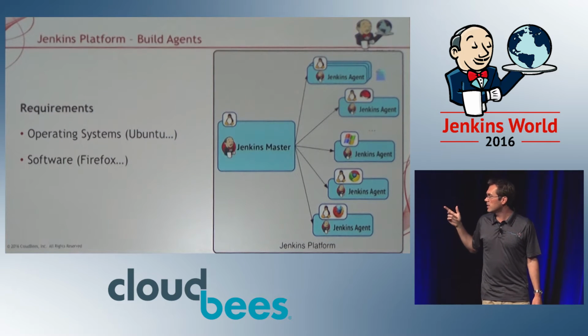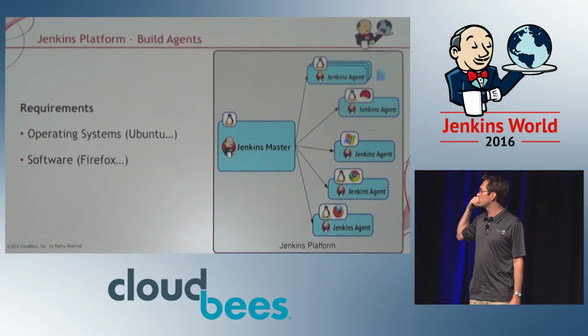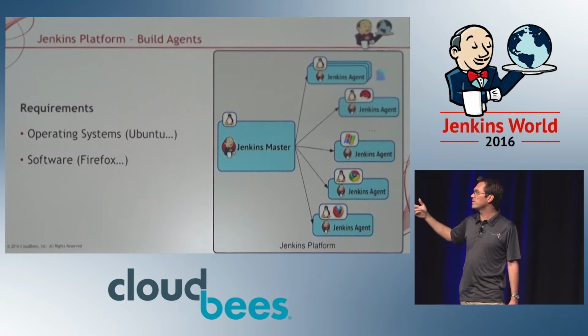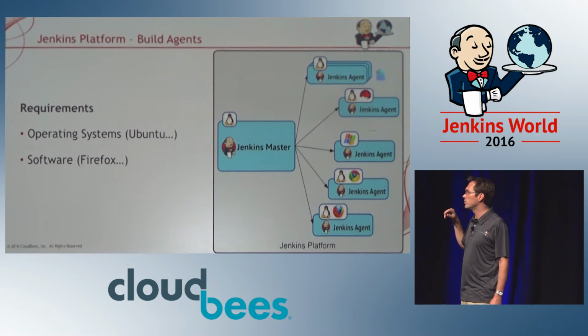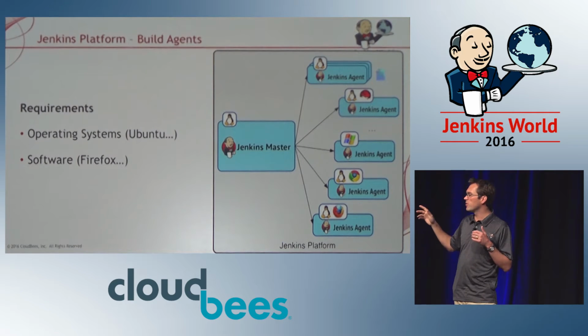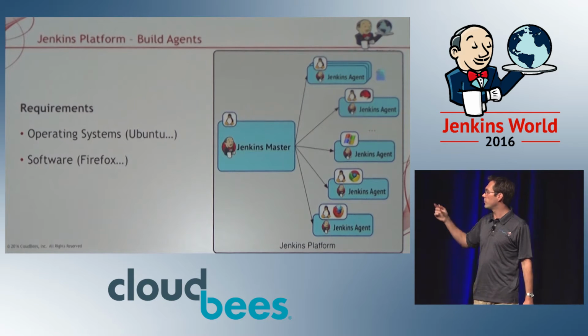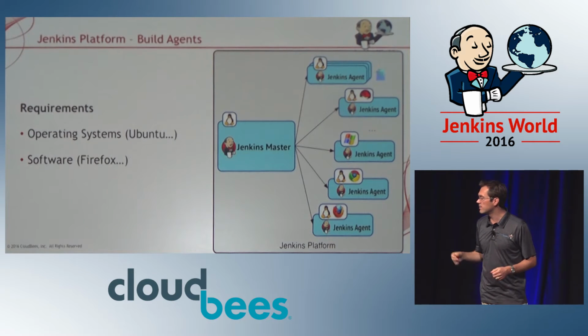And it's not only about the operating system, but you also have to install some software. If you like to do some Selenium web browser-based tests, you will want to install a specific version of Firefox or of Chrome, maybe a version of Internet Explorer on a Windows box, things like this.